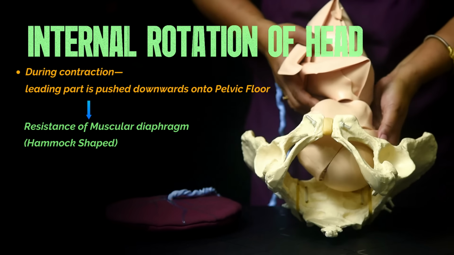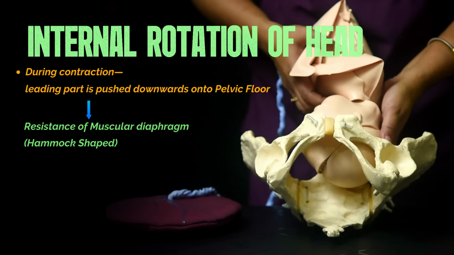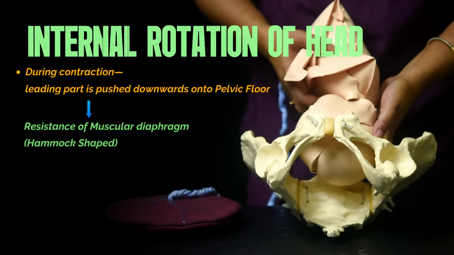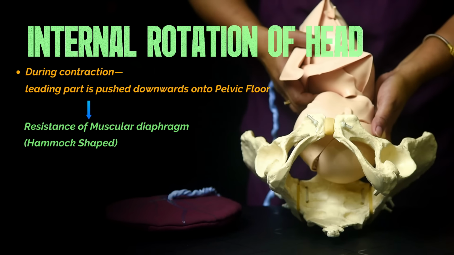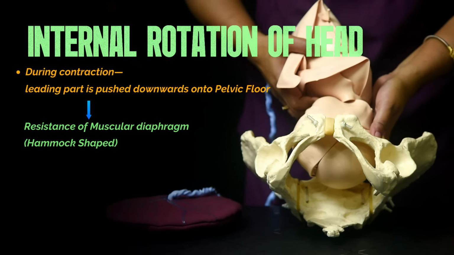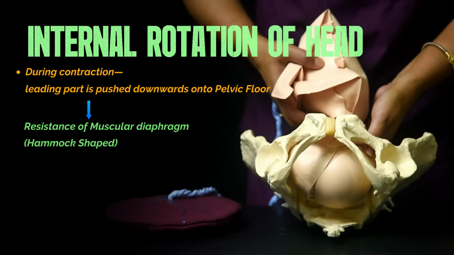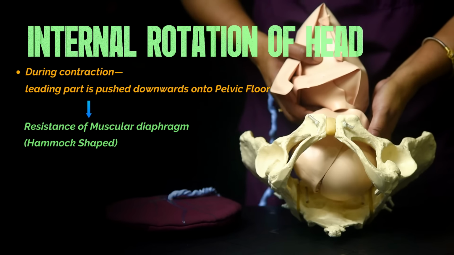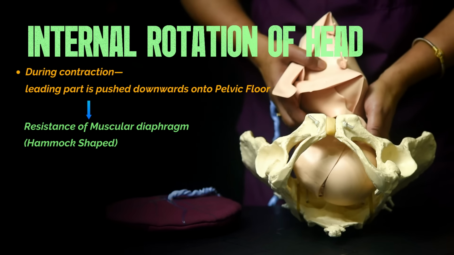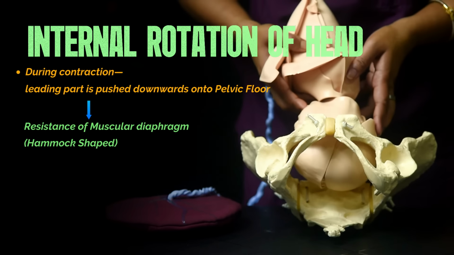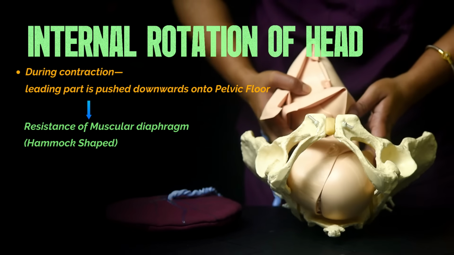The muscular diaphragms are hammock shaped, so it is easy to slope down anteriorly, and the fetal part meets the first slope directed towards the forward and towards the center. So the baby's head is going forward, downward and toward the center.